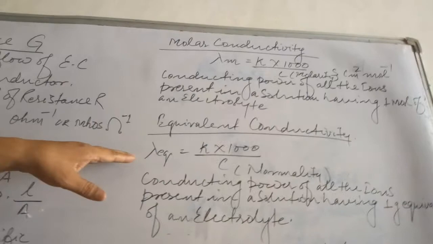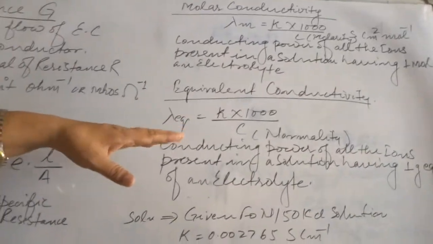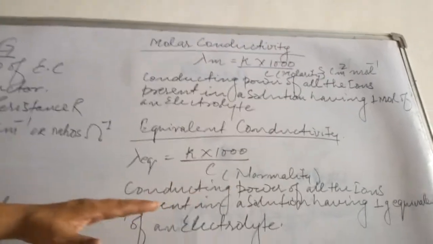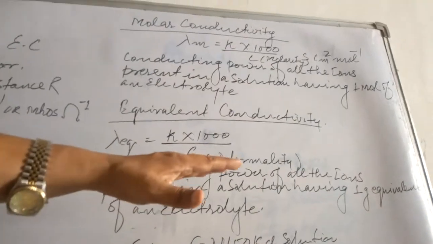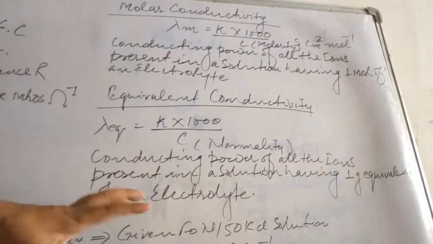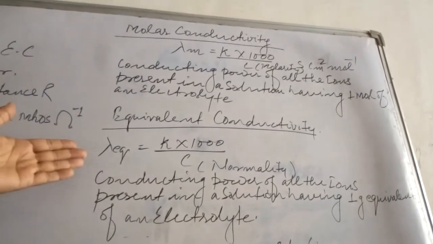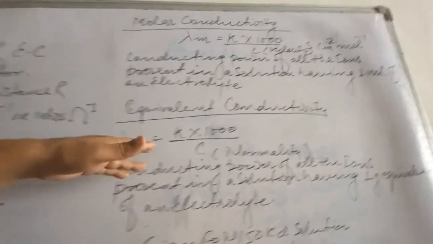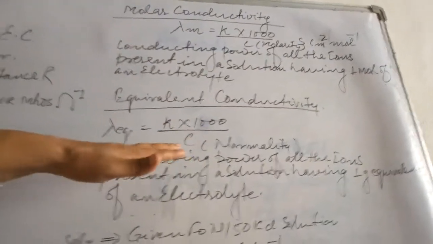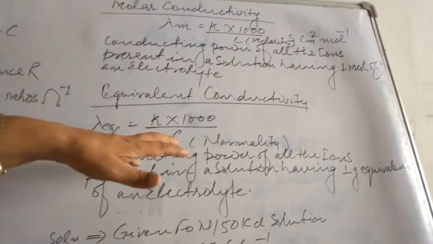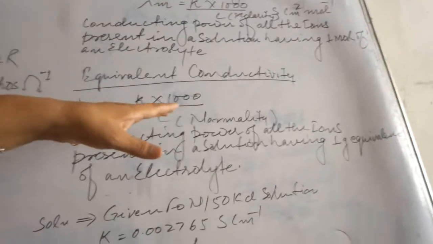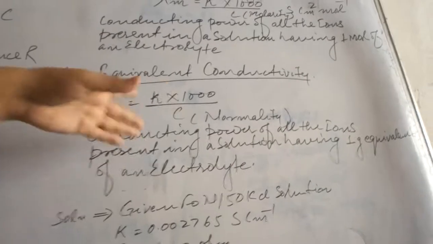Now equivalent conductivity is denoted by lambda eq, and once again defined as the conducting power of all the ions present in a solution having 1 gram equivalent of electrolyte, denoted by the formula lambda eq is equal to kappa into 1000 upon C. Here the molar concentration will not be taken; the concentration will be in normality, so in gram equivalents.